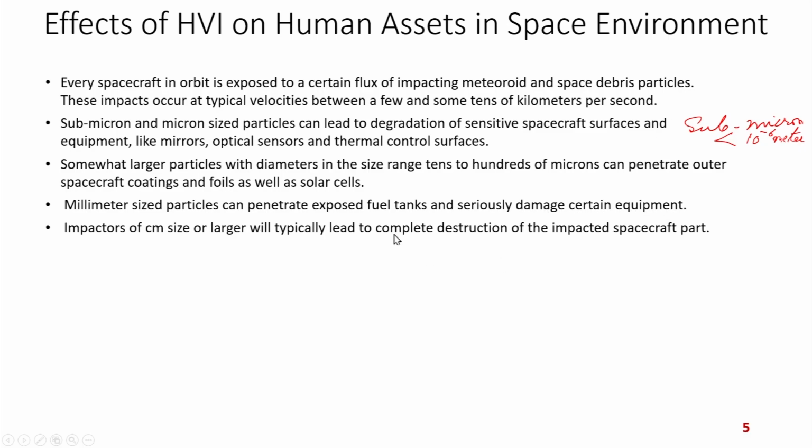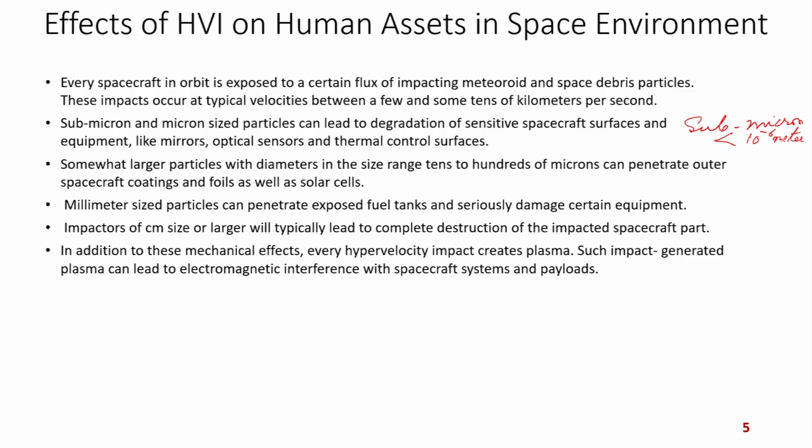When the impactors are of centimeter size or larger, it will typically lead to complete destruction of the impacted spacecraft part. In addition to these mechanical effects, every hypervelocity impact creates plasma. We will not discuss this right now; we will do it when we discuss the plasma environment, where we will see how plasma is created.